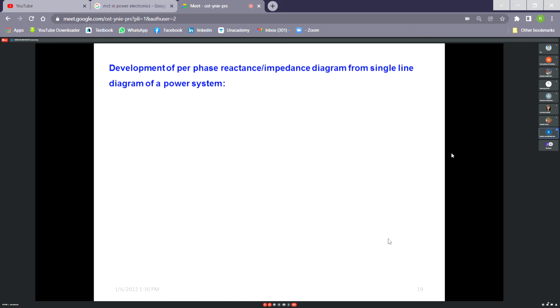Now, what was the purpose of per unit calculation? We want to draw an equivalent circuit, impedance diagram or reactance diagram, from the single line diagram of a power system.